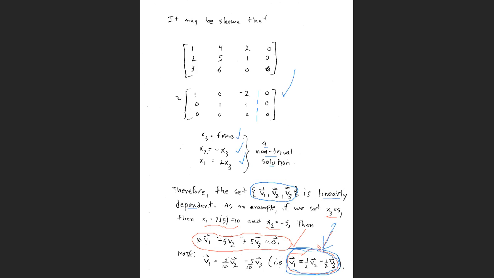In other words, does the vector 1, 2, 3 equal 1/2 the vector 4, 5, 6 minus 1/2 the vector 2, 1, 0? I'm curious if we might have a few students who will check that. I'll sleep better knowing you've checked that.